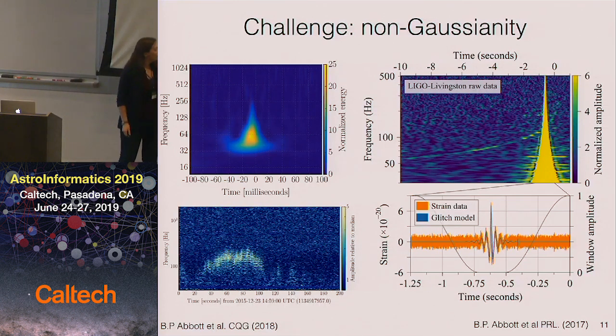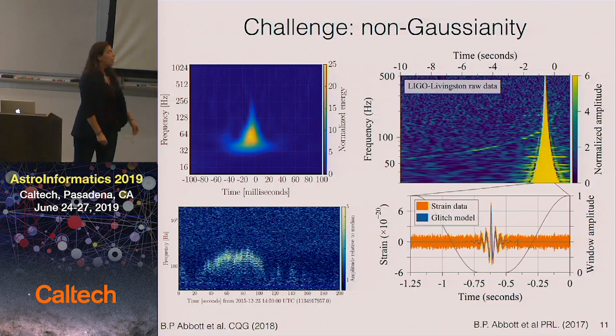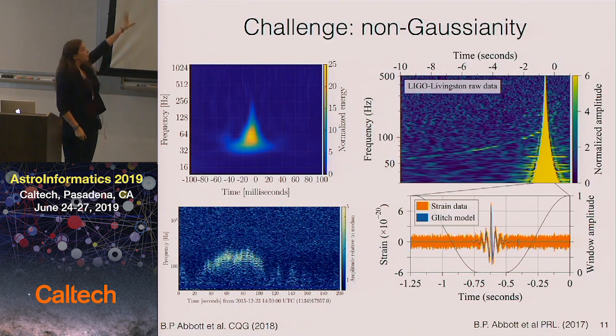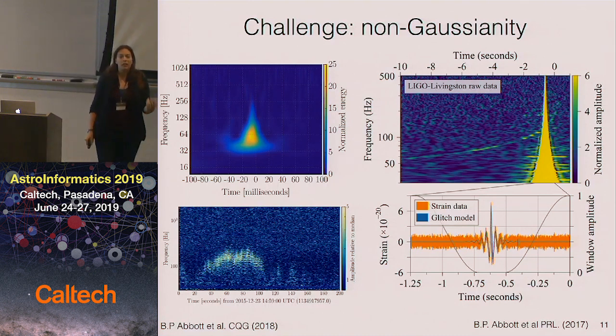Here on the left, these are our two most problematic types of noise. They have very different timescales. The top plot is on the order of milliseconds, and the bottom is on the order of tens of seconds. This spans 200 seconds, and this is only about 200 milliseconds. The plot up top, if you've seen a LIGO talk before, someone mentioned a blip glitch.